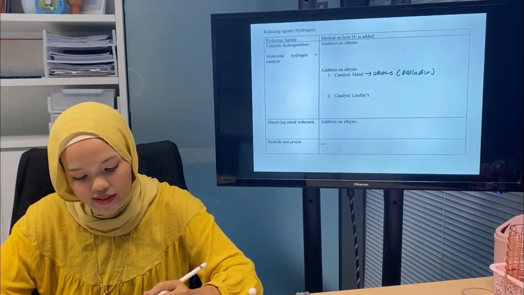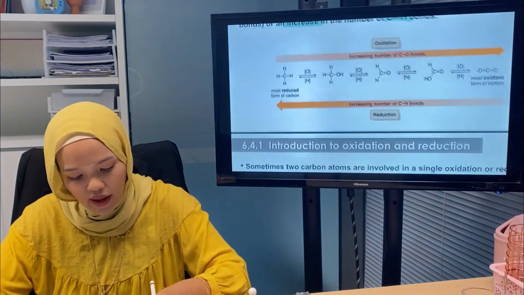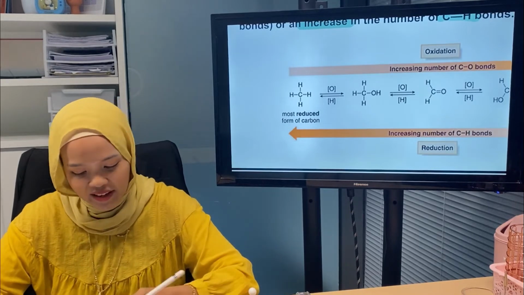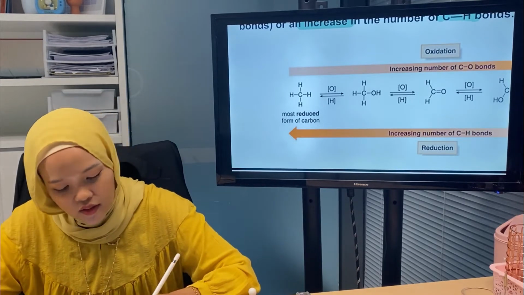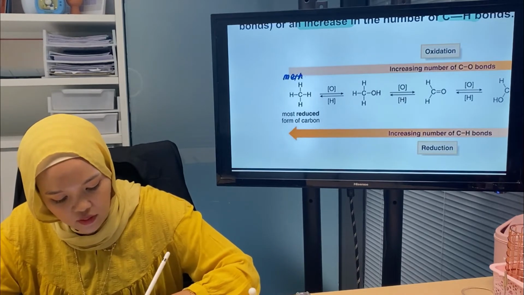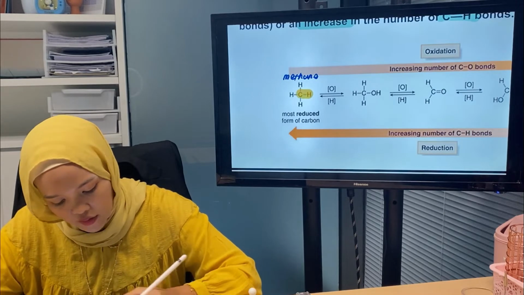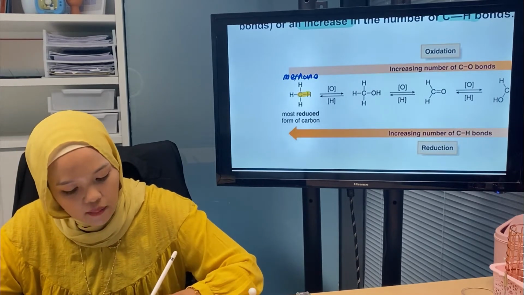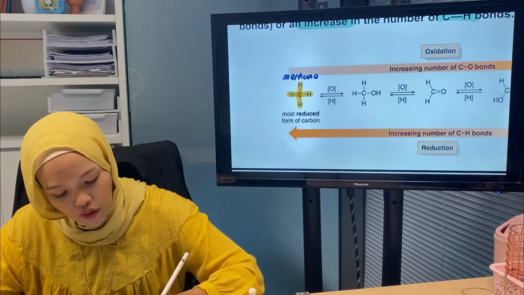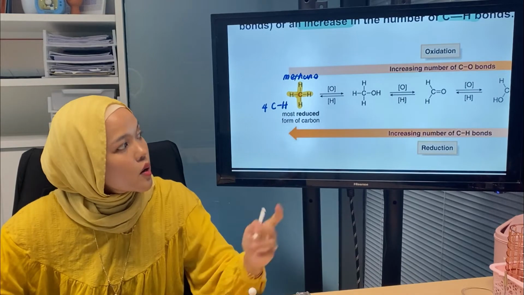So let us have a look at an example. Here you have methane, an alkane. In methane, all of them are carbon-hydrogen bonds, so you have 4 carbon-hydrogen bonds.